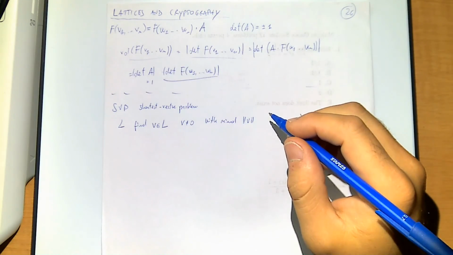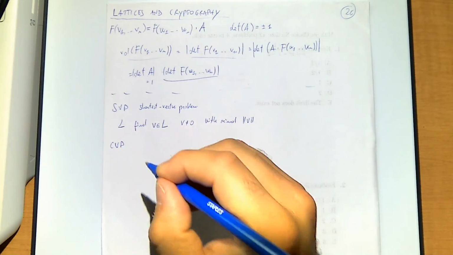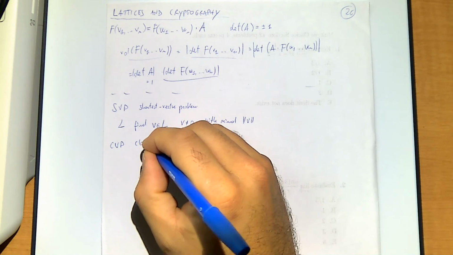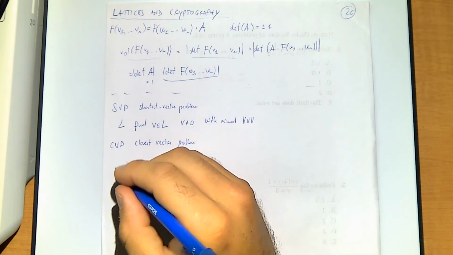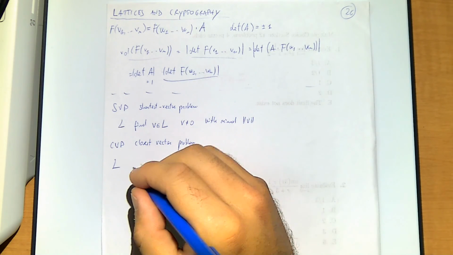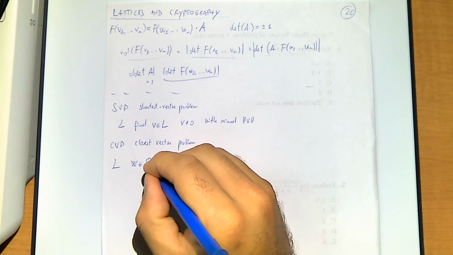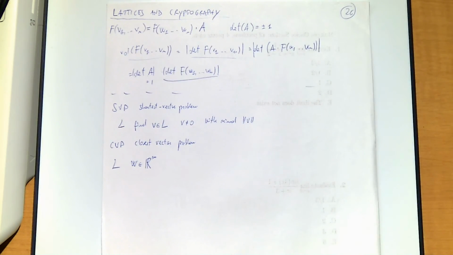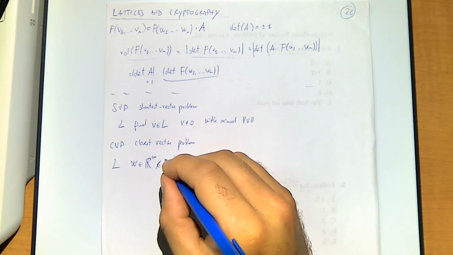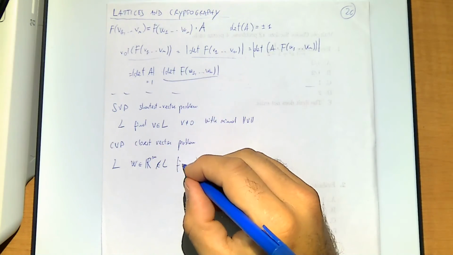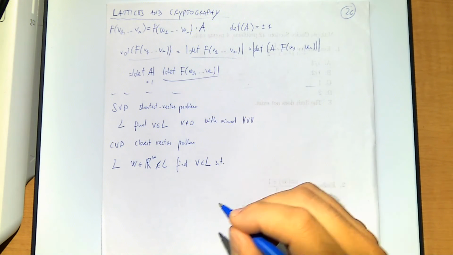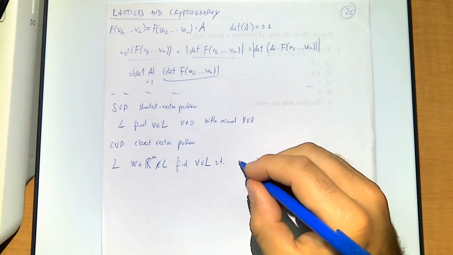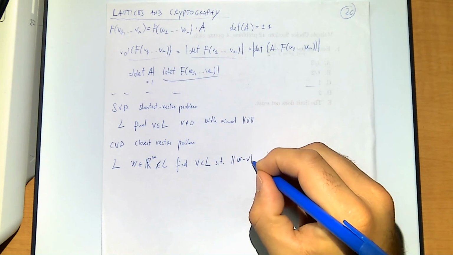And the second one, which we call CVP, or closest vector problem. Again, you take a lattice and you fix a vector W in R to the M that is not in the lattice. Find a vector V in the lattice such that the norm of W minus V is minimal.